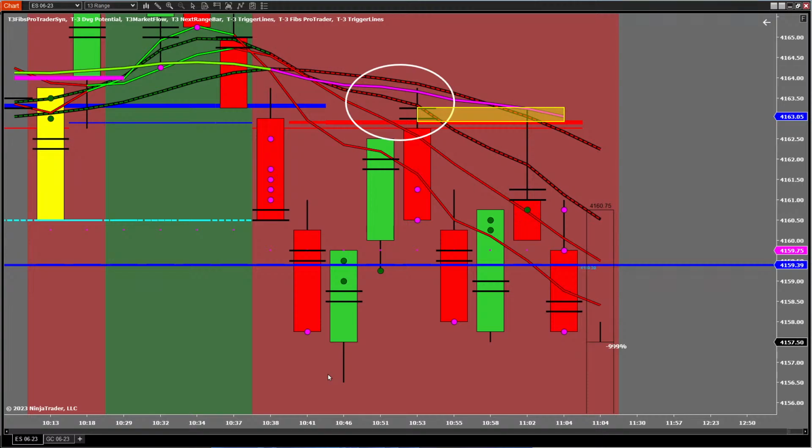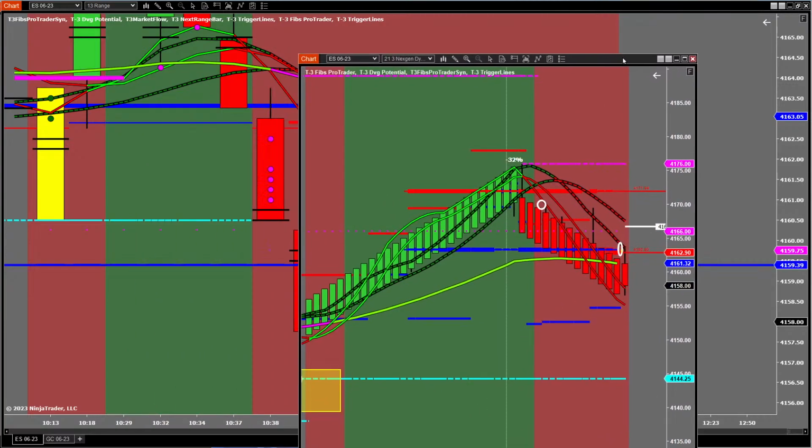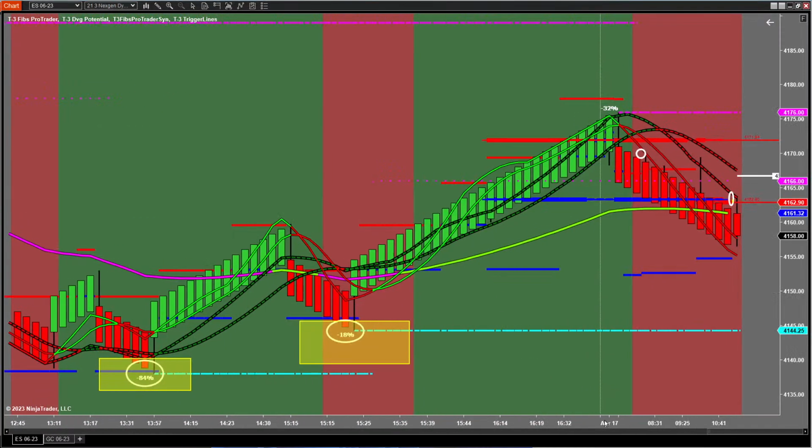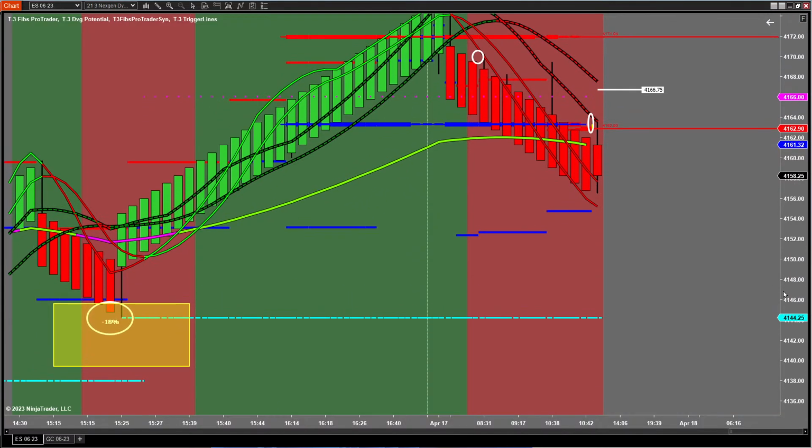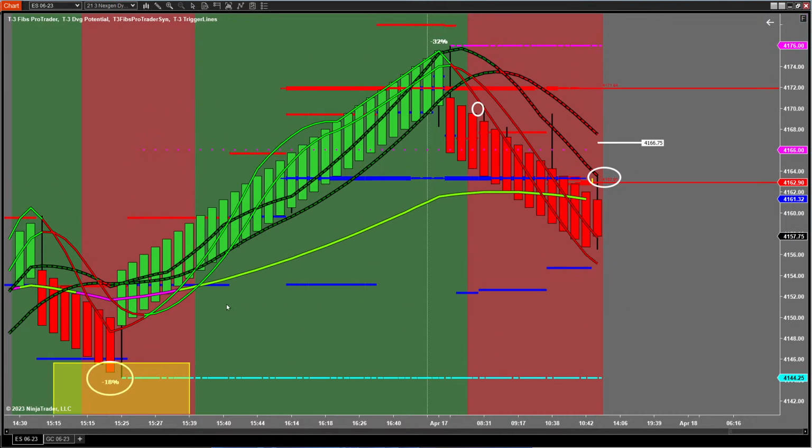Now, would you stay in? Why would you? So again, this is where I think you have to have more than just one chart telling you something. This is that spot right here. Could you make a case that the 21-3 chart agreed with that thought process?